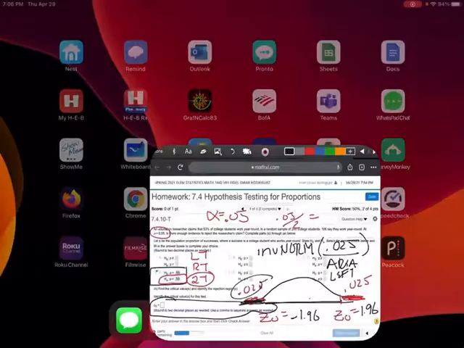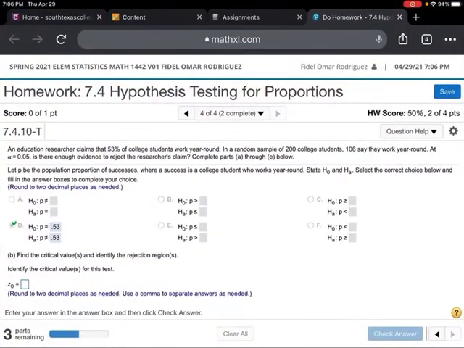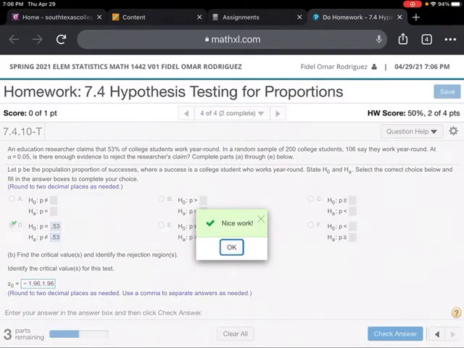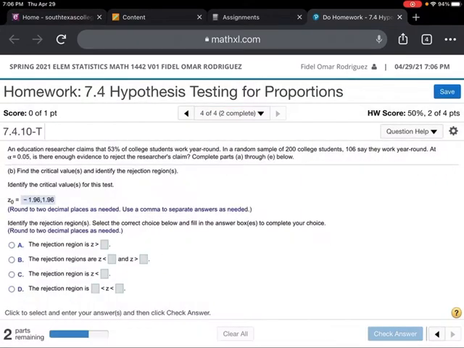So I'm going to come back over here, and I'm going to enter in negative 1.96, comma, positive 1.96. I'm going to check my answer. Boom, and we're doing great so far. Okay, now we want to figure out our rejection regions, okay? So guys, look at my picture.